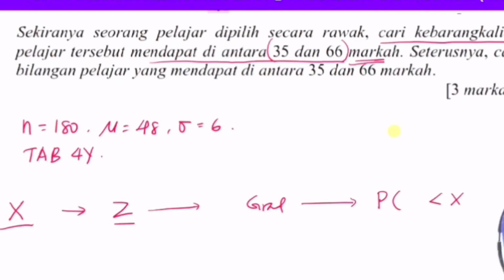The probability that you are supposed to start with is actually the probability for the x. You cannot start with the z first. You must always start with the x first. With the x, then you can get the z. With the z, then you can get the graph. With the graph, then you can get the probability value.